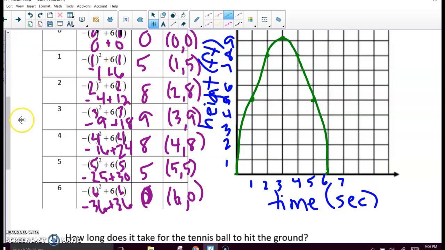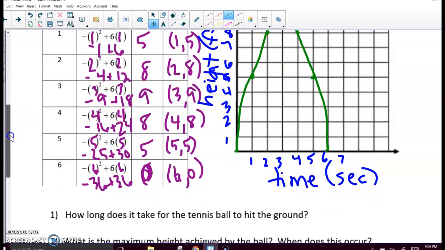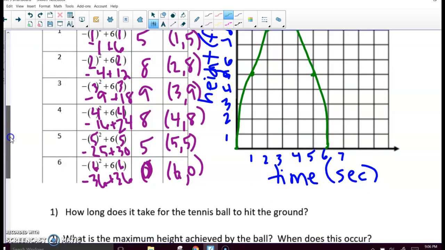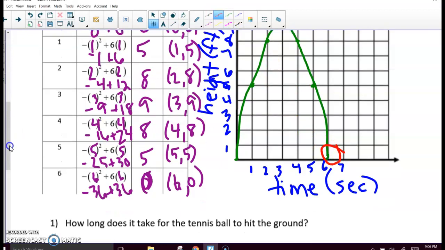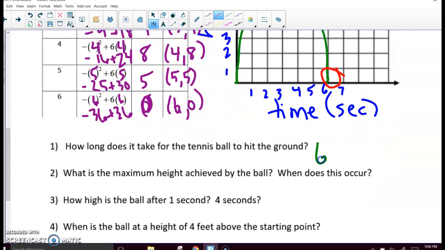Let's use our graph and our table to answer the questions below. How long does it take for the tennis ball to hit the ground? It is hitting the ground right here. So that is after a time of 6 seconds. What is the maximum height achieved by the ball?